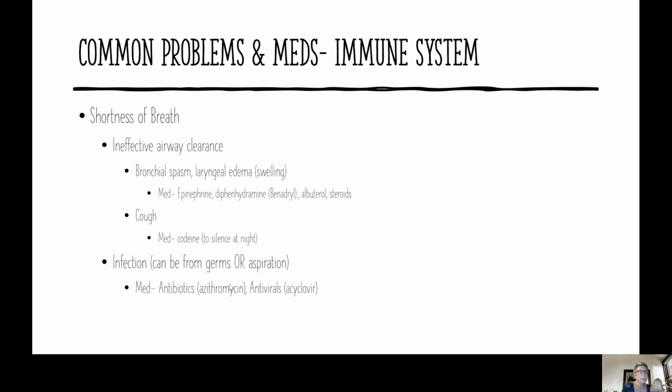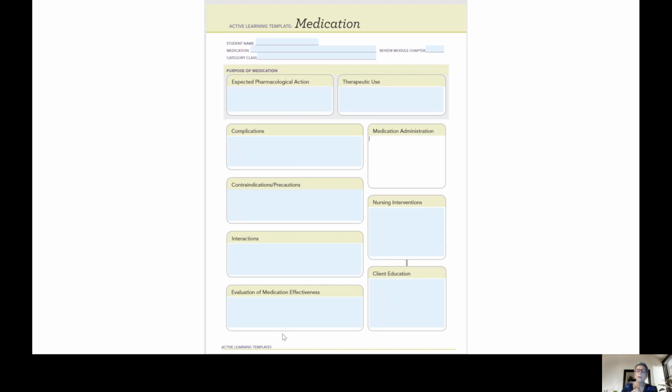If you aspirate some food or tube feedings from an NG tube or anything like that, you can get aspiration pneumonia, and we'll need antibacterials, antibiotics, or antivirals to help take care of the problem. A common antibiotic is azithromycin, also known as a Z-Pak, and a common antiviral is acyclovir. Curious why we haven't been trying acyclovir with COVID-19. I don't know. I mean, there's a lot of different antivirals.